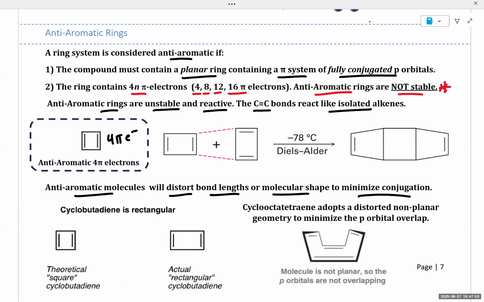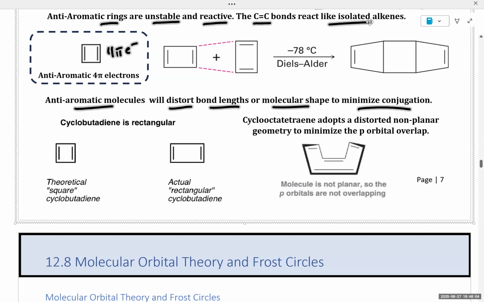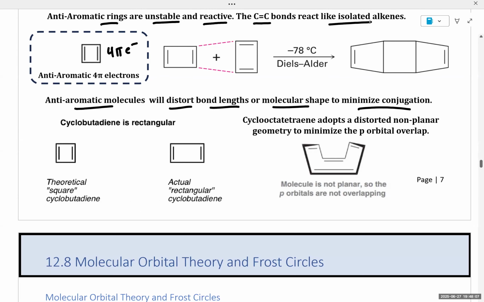For example, cyclobutadiene is hard to isolate on its own because it readily will react with itself to break antiaromaticity. Additionally, cyclobutadiene adopts these distorted bond angles and bond lengths to minimize conjugation. So rather than matching its theoretical square shape based on the carbon-carbon bond lengths, cyclobutadiene has a distorted shape, in part to minimize conjugation.